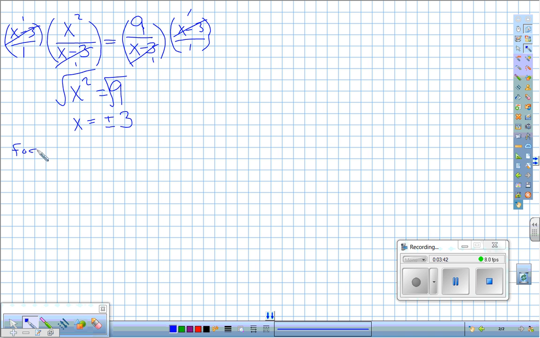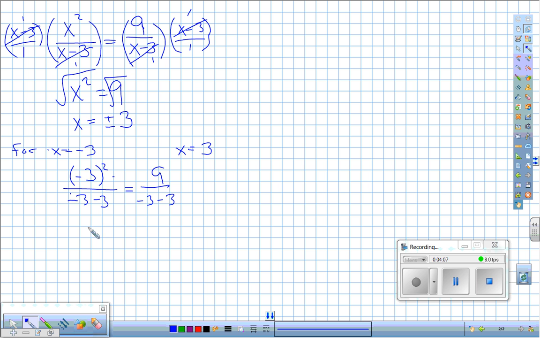So for x equals negative 3, oh, I can't write anything. x equals negative 3. And then we'll also do it for x equals positive 3. So we're going to come back up to the original equation. I will have negative 3 squared over negative 3 minus 3 equals 9 over negative 3 minus 3.